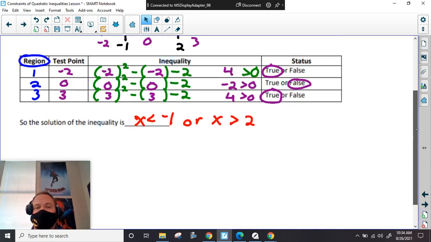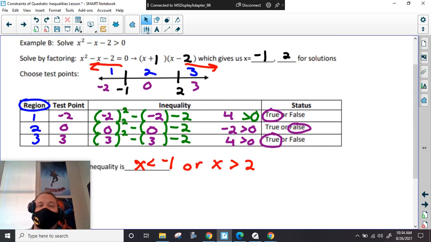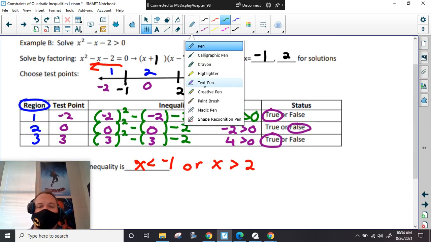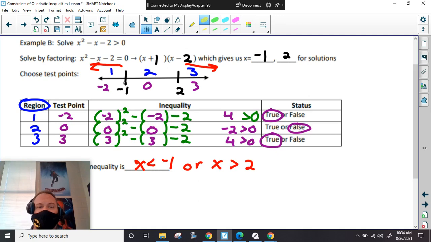No, I don't do math like a hippie. This one, where are our true statements? Yeah, top and bottom. But this top and bottom represents which parts of this region and this region.